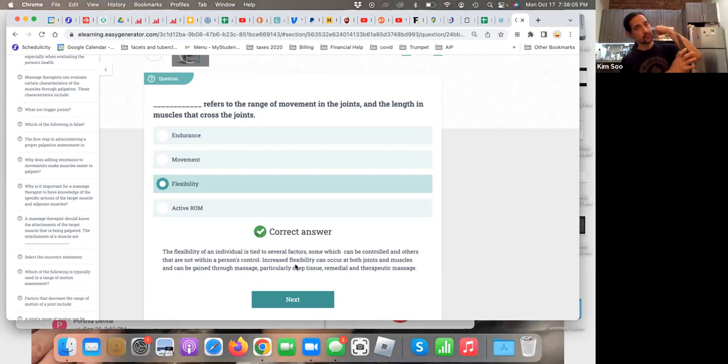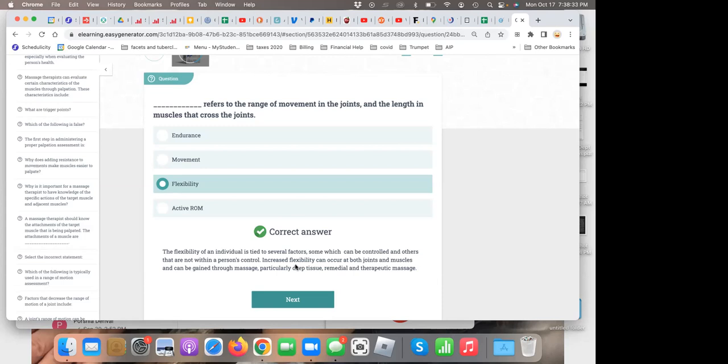So there's active range of motion included in flexibility, and active range of motion can be used to test your flexibility. If you bend over and touch your toes, that's active range of motion. If you can reach your toes or not, that's flexibility. Does that make sense? Yes. Okay, you explain it back to me now.